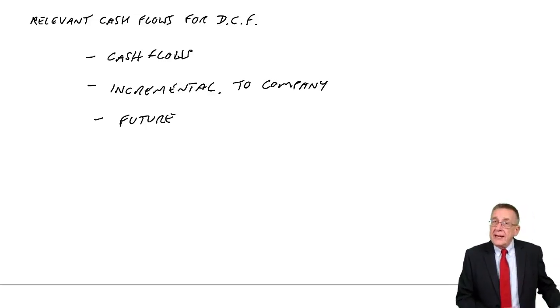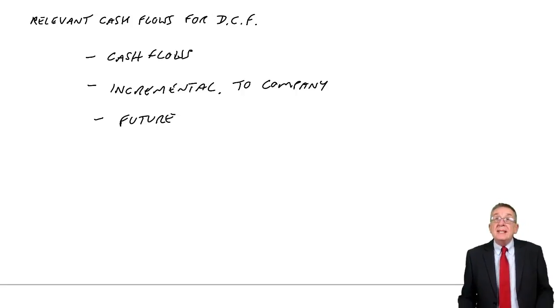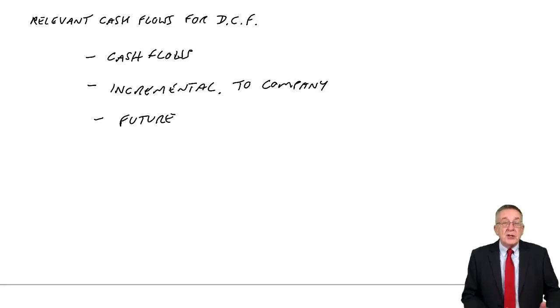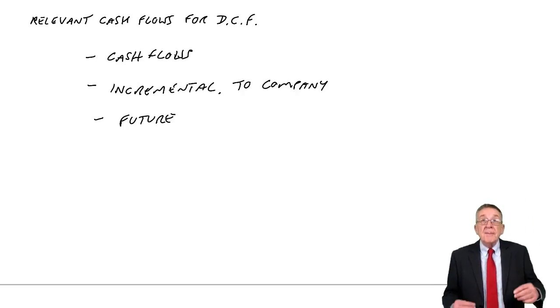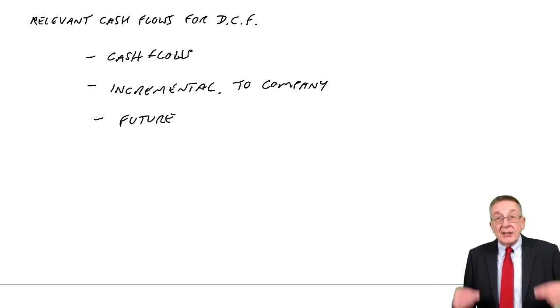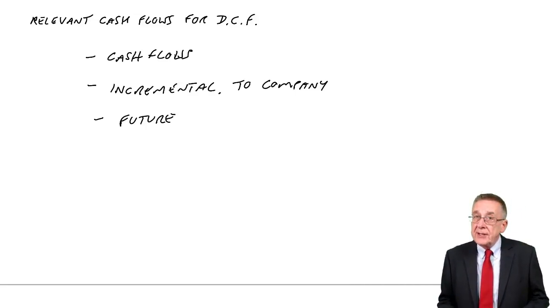Well, if we've already paid that 20,000, if we've already done the market research, it's irrelevant to the decision. We've paid that 20,000, whatever happens, whether we buy the machine or we don't buy the machine. What we're concerned about is is it worth spending an extra 100,000 to buy the machine for whatever extra returns it'll give us in the future?